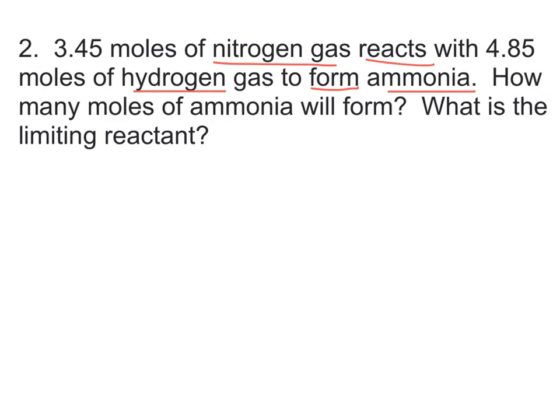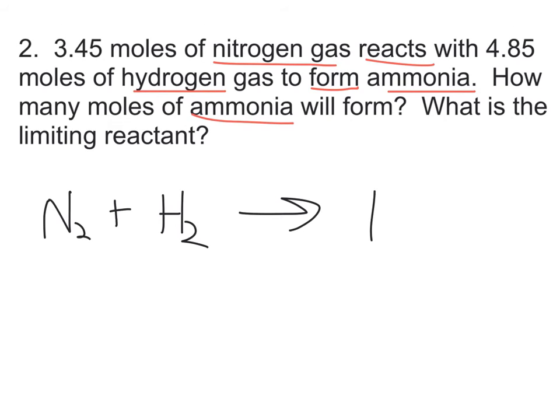So when I do my arrow, the reactants on the left should be everything that said reacts. So nitrogen, which we know is N2, make sure you know nitrogen is always diatomic, reacts with hydrogen, which is also diatomic, and forms ammonia, which if you don't know by now is NH3.